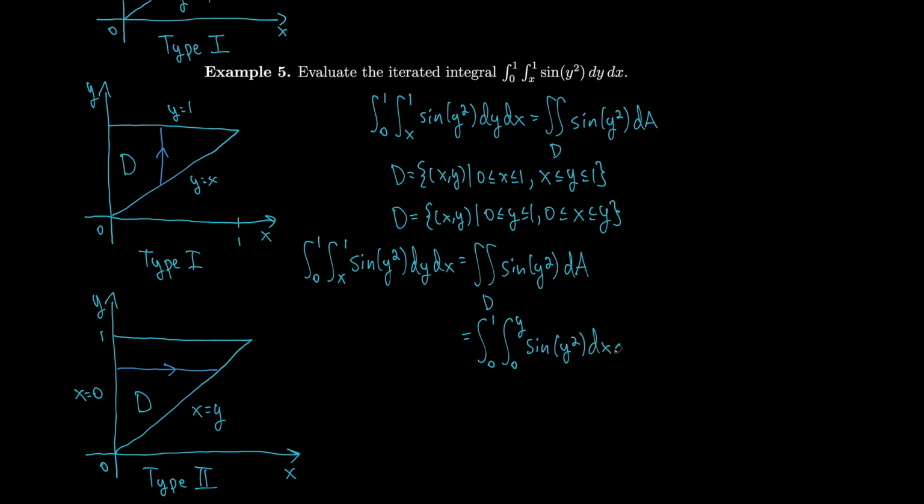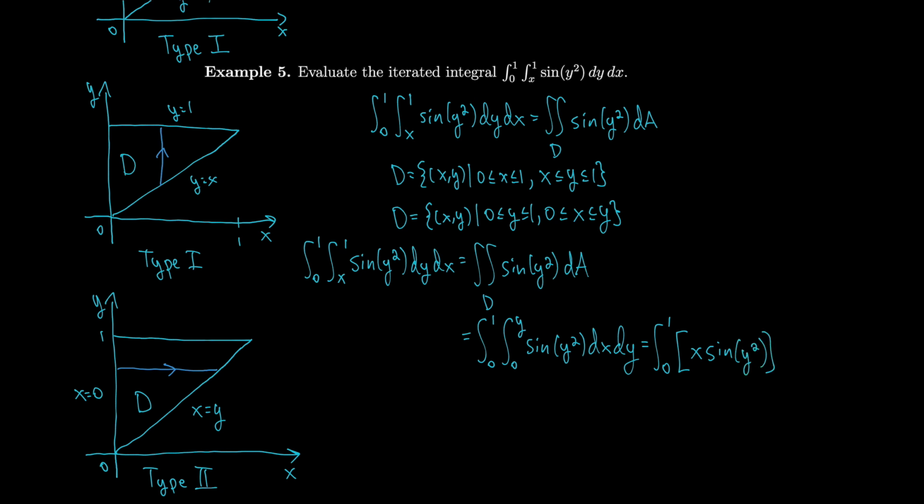And you might say, okay, well, you didn't make any progress, you still have sine y squared. You can't integrate that, but sine of y squared is now a constant because we're doing it with respect to x. So this is not a function anymore that we have to worry about trying to find an integral for. We can just integrate it as a constant. It makes it super easy. So we're going from 0 to 1 of just x times this constant when we integrate with respect to x.